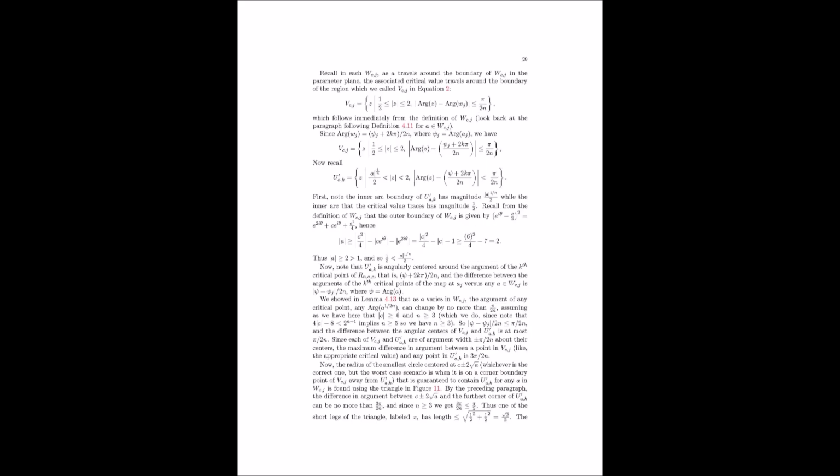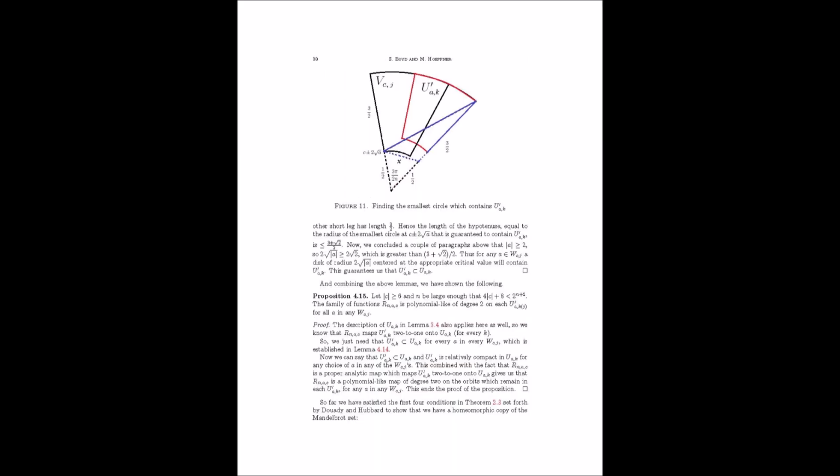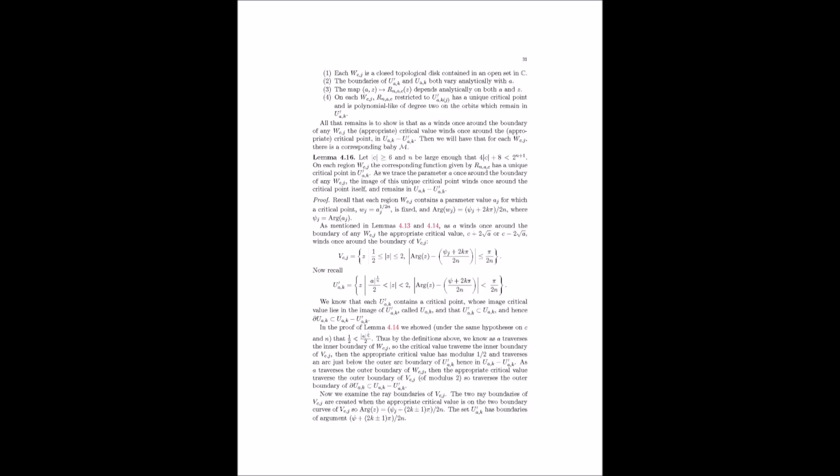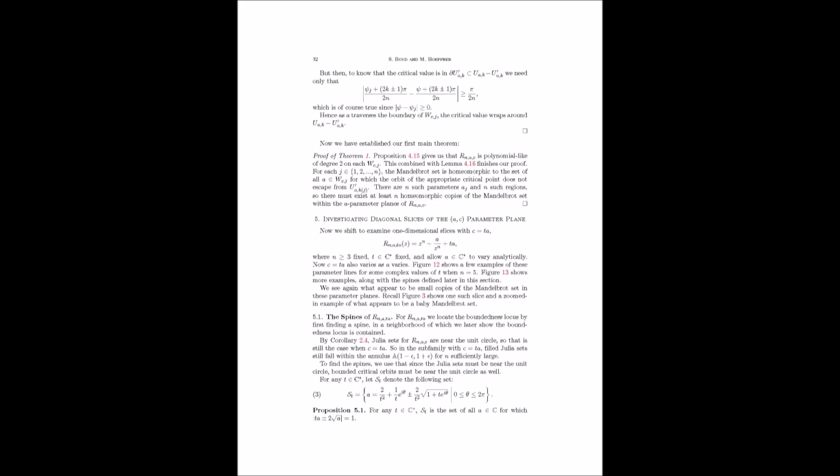Very cool. Okay, so we have these images, but how did they actually go about identifying those baby Mandelbrot sets? I know the concept of polynomial-like maps plays a key role here. You're right. The theoretical foundation for identifying these baby Mandelbrot sets comes from Douady and Hubbard's work on polynomial-like maps.